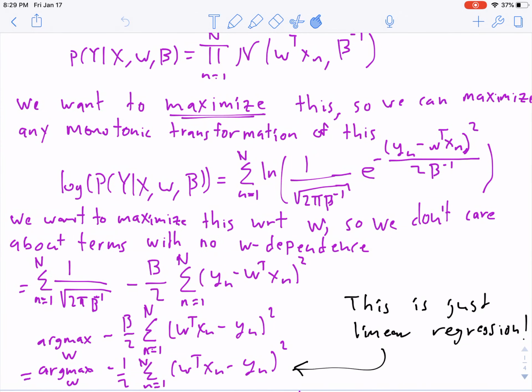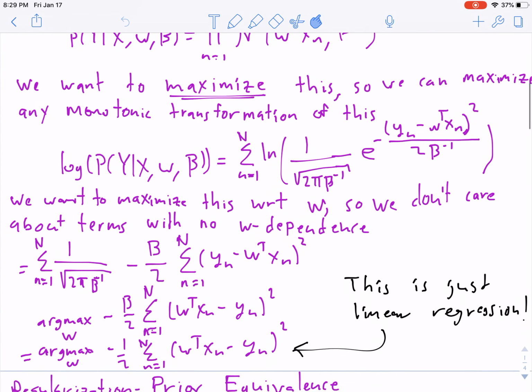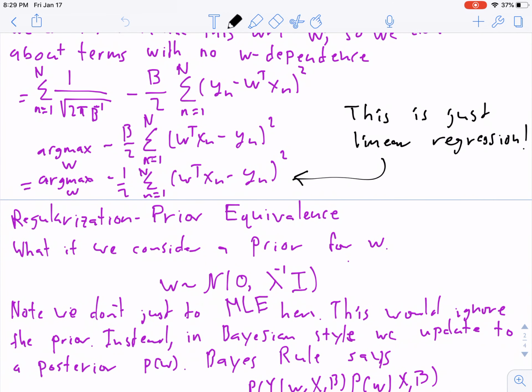So now we're going to change our generative model a little bit and explore another correspondence, in particular between regularization, which I covered in an earlier video, and putting a prior on w. So what if we consider a slightly changed generative model, where the story of our data generation is first we pick some w, and the w comes from a multivariate normal distribution centered around 0 with covariance matrix identity times the inverse of lambda.